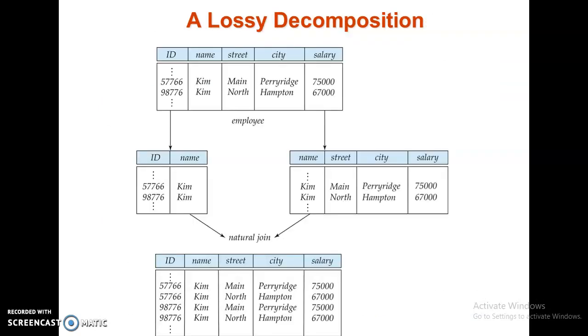When you try to decompose any relation, it has to follow two properties. One, dependency preservation. The other one is lossless join decomposition. What is this dependency preservation decomposition?